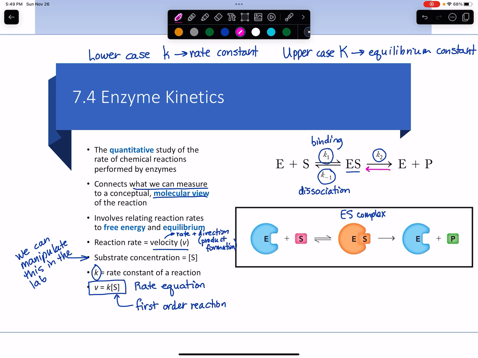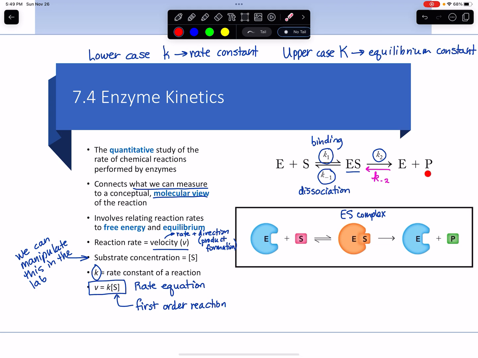But what we'll find out as we derive the equation is that we don't show K minus 2 because one of the assumptions that we make when we derive the Michaelis-Menten equation is that, for all practical purposes, this reverse thing doesn't happen.